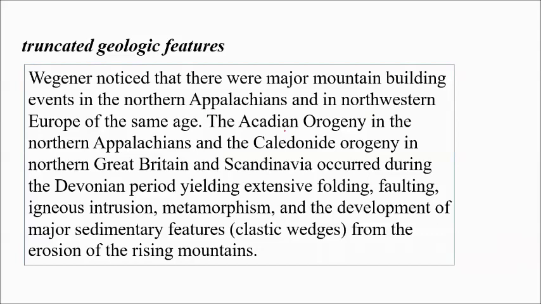The Acadian orogeny in the northern Appalachians and the Caledonide orogeny in the northern Great Britain and Scandinavia occurred during the Devonian period, yielding extensive faulting, igneous intrusion, metamorphism, and the development of major sedimentary features from the erosion of the rising mountains.